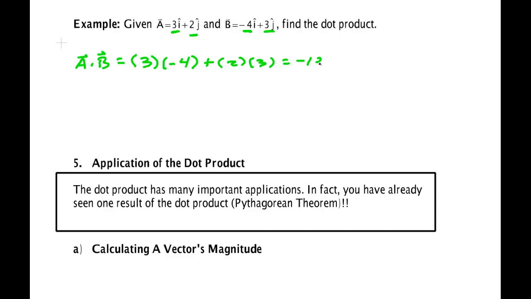So minus 12 plus 6 is simply minus 6. It is easy to take the dot product when you have something in Cartesian form. Don't even need a calculator most times. Don't need any trig functions.